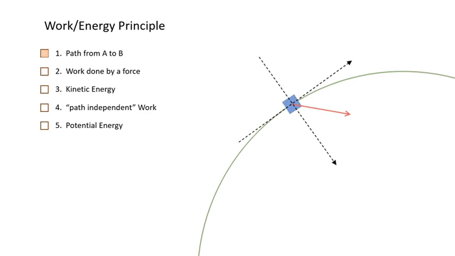Now the red arrow is force, and before we keep going, we can consider the red force arrow as having components that are along the tangent direction, the tangential component, and then perpendicular to the tangent line or centripetal, right?